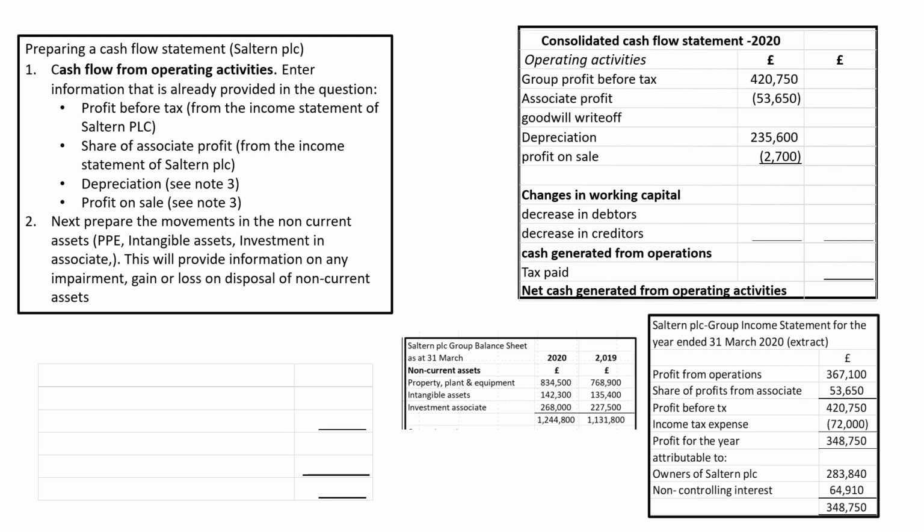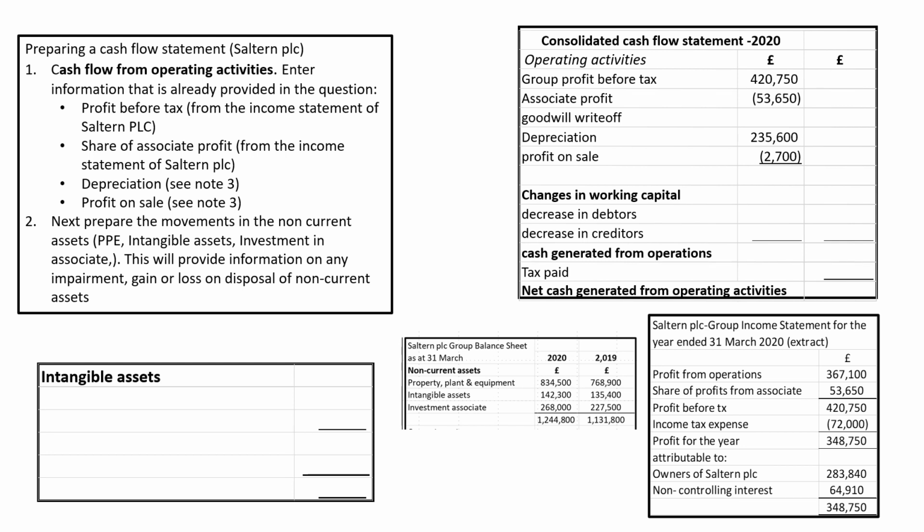So we are given in the balance sheet the opening and closing balances in the non-current assets, and we should use this information to prepare the intangible assets account. So the opening balance is 135,400.